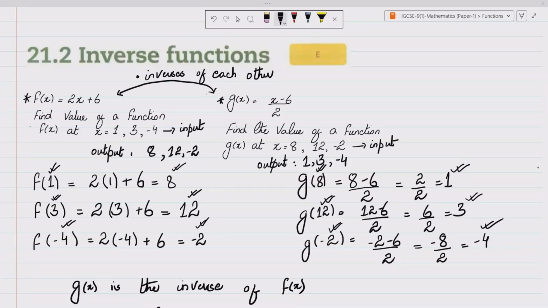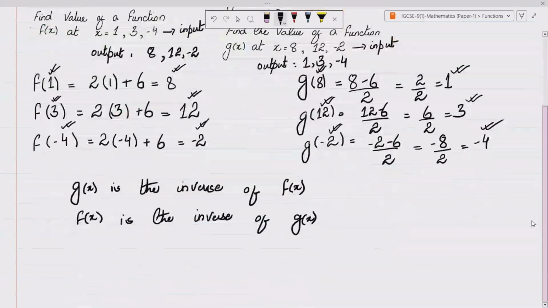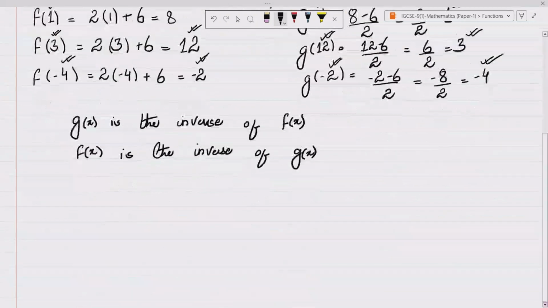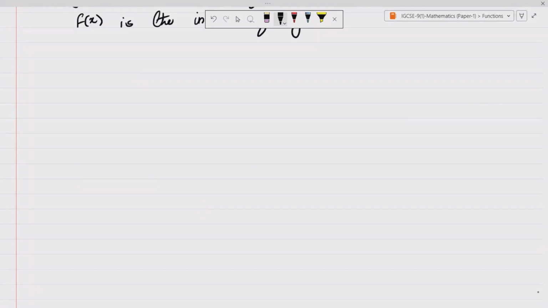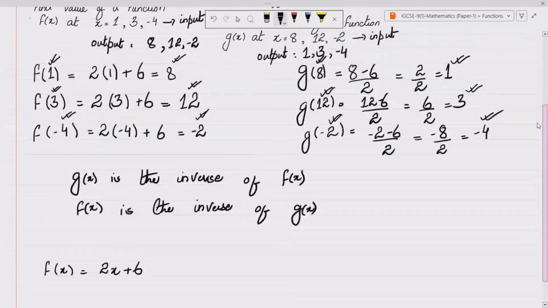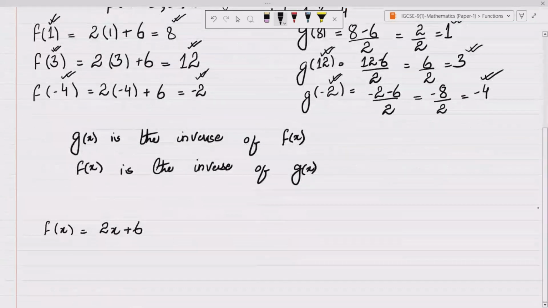But the main question, the one that comes in exams, is in this form. Suppose we are given just one function, f of x equals 2x plus 6. There is no input with this, and this is the only information: f of x is this.